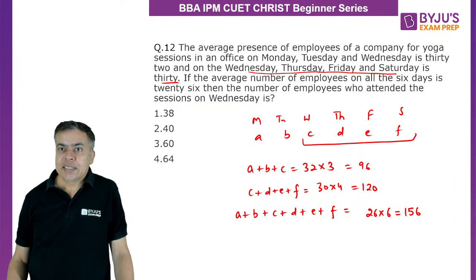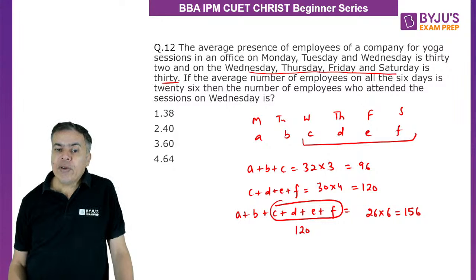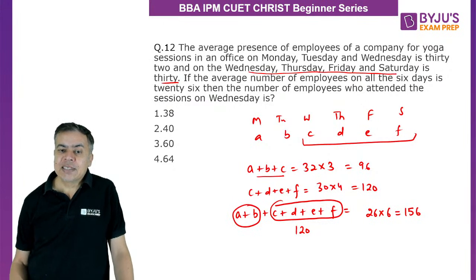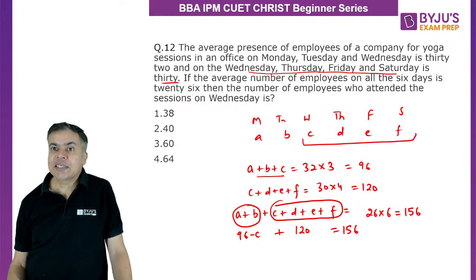Out of this, if you calculate that this CDEF is 120, and I know ABC, so can I write AB as 96 minus C? So 96 minus C plus 120 is equal to 156, which is, C I will take here, and this is 216 minus 156.